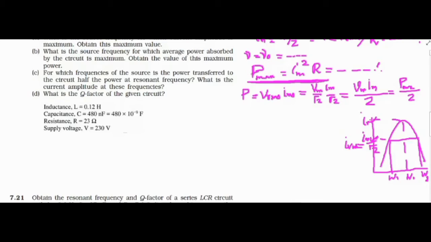But the question is, what is the corresponding frequency? The corresponding frequencies are omega 1 and omega 2, so you need to calculate their values. How can you calculate omega 1? Omega 1 is equal to omega naught minus delta omega.